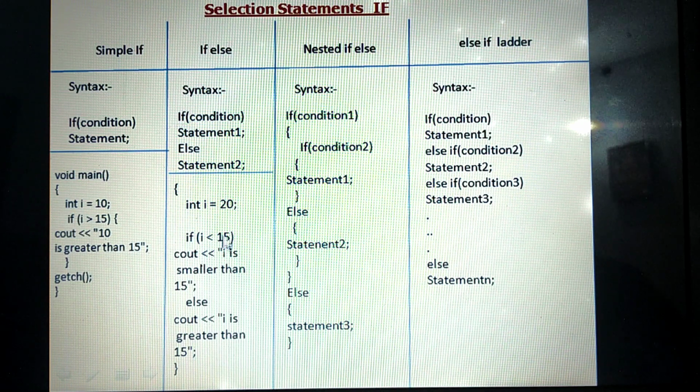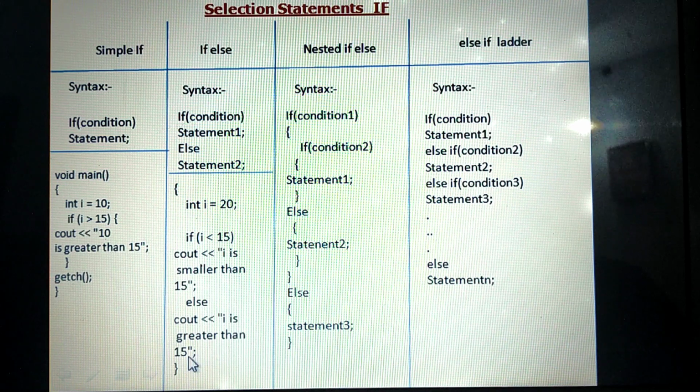Let us see an example of the if-else statement. We declare one variable i and assign the value 20. What is the condition here? Whether the value of i is less than 15. The value of i is 20, which is not less than 15; it is greater. So this condition is false, and control will go to the statement which follows else. cout, i is greater than 15, because the value of i is 20.